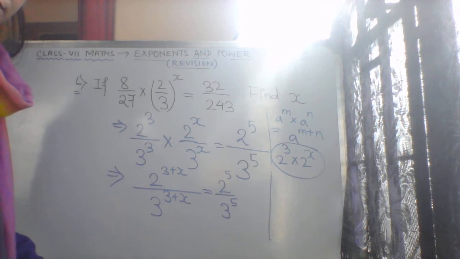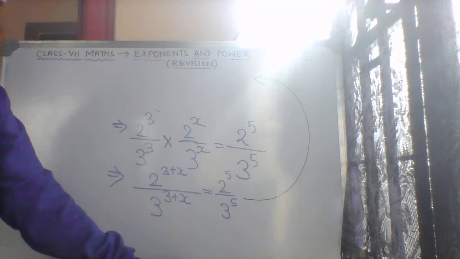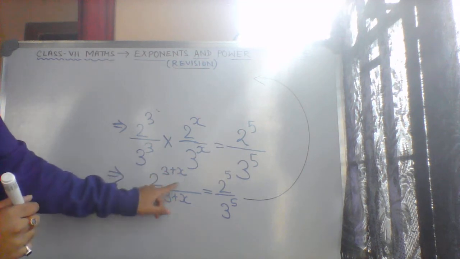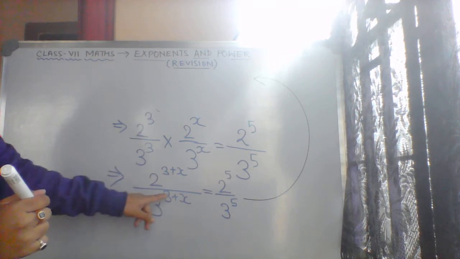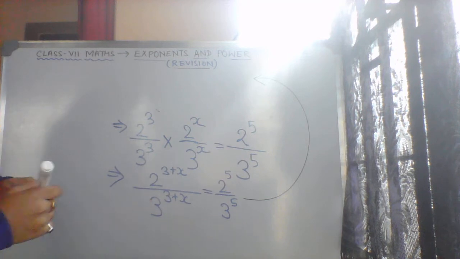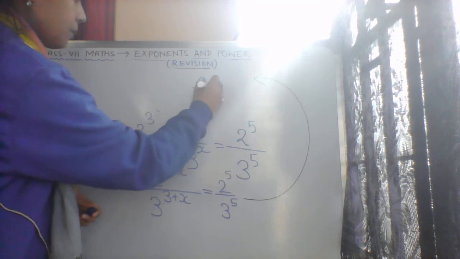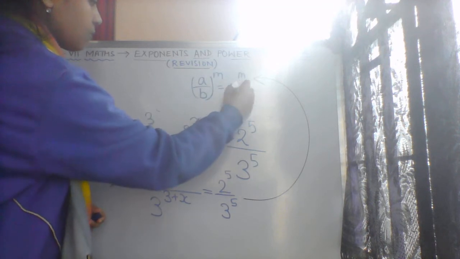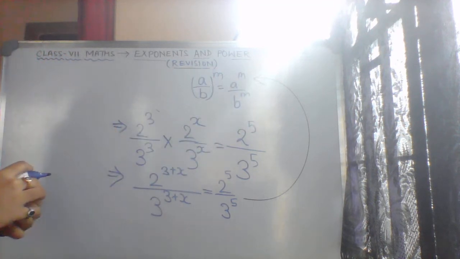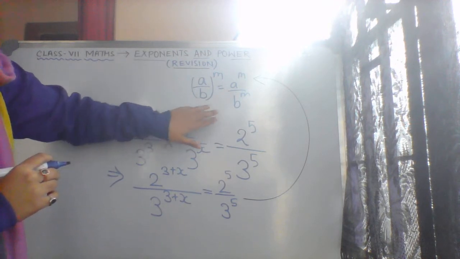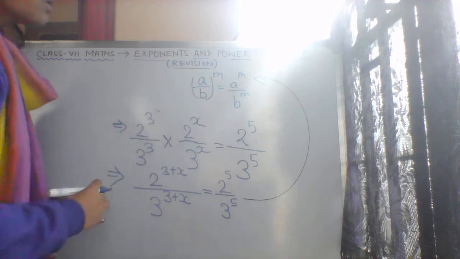Okay, now what will we do over here? You are having 2 to the power 3 plus x, 3 to the power 3 plus x. Now the power you can see is same. You have learned (a/b) to the power m, we used to write a to the power m by b to the power m. Just now we have done that to separate them. Back also we can write it down.